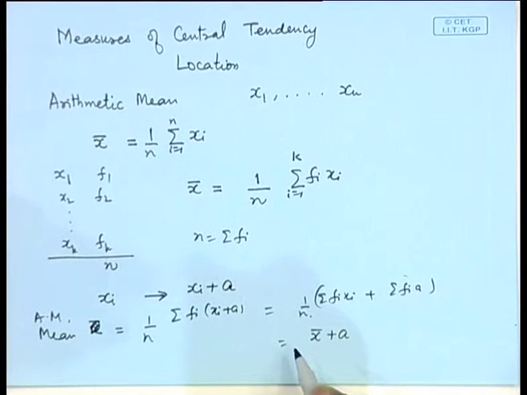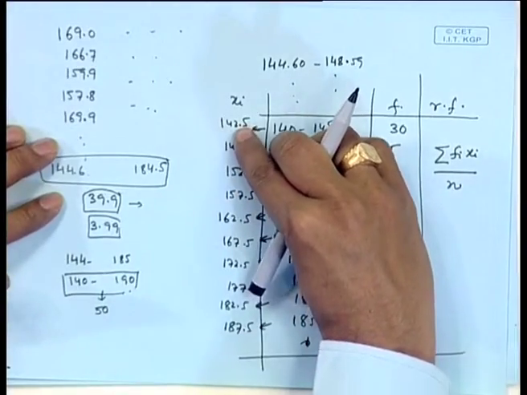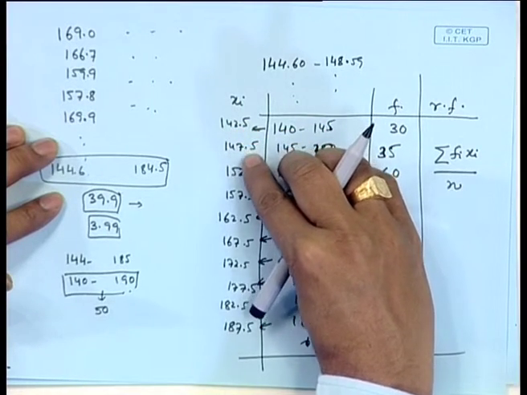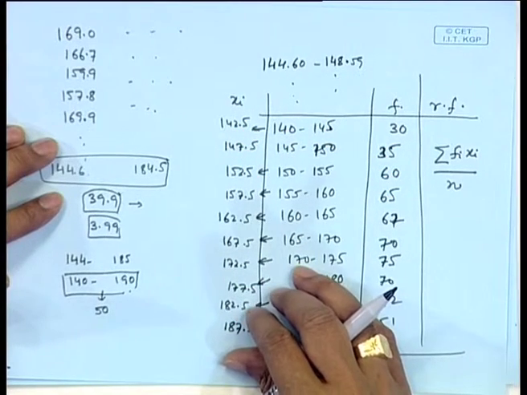Now, this actually gives a very nice method of calculation, because many times we are dealing with either very large or very small values. So, we may shift all the values by a certain number. For example, if you look at these values, they are quite inconvenient, like 142.5, 147.5 and so on.